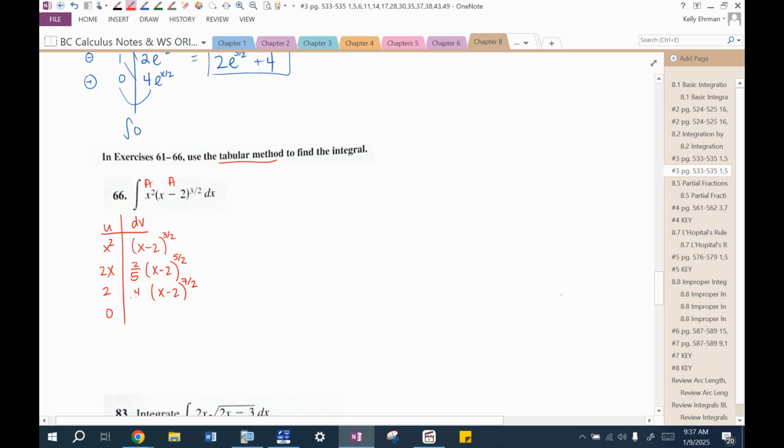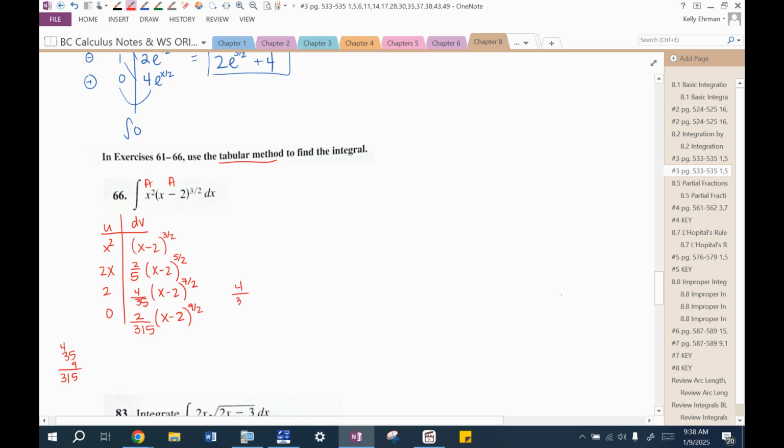So now this is 4 over 35, which is ugly. And we have to do one more round of this. x minus 2 to the 9 halves. So 4/35 times 2/9. 35 times 9, that's 315. Now, hold on.